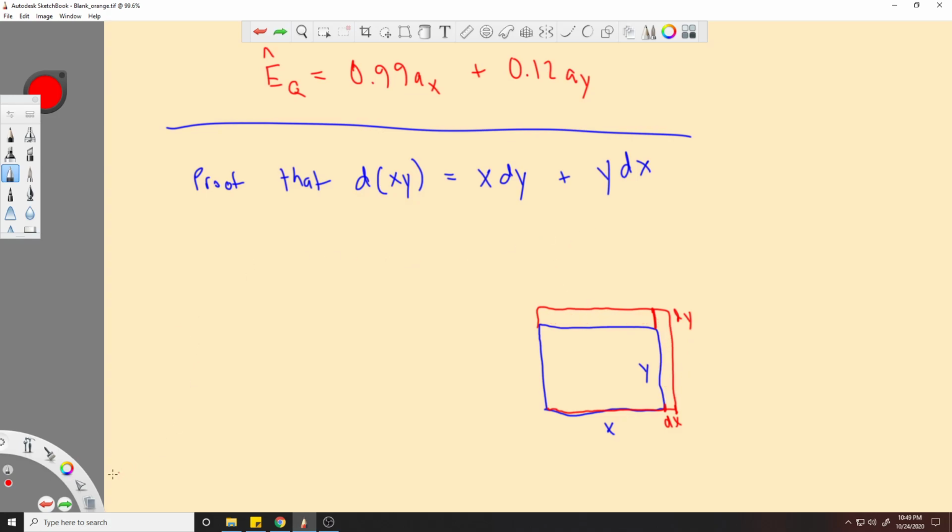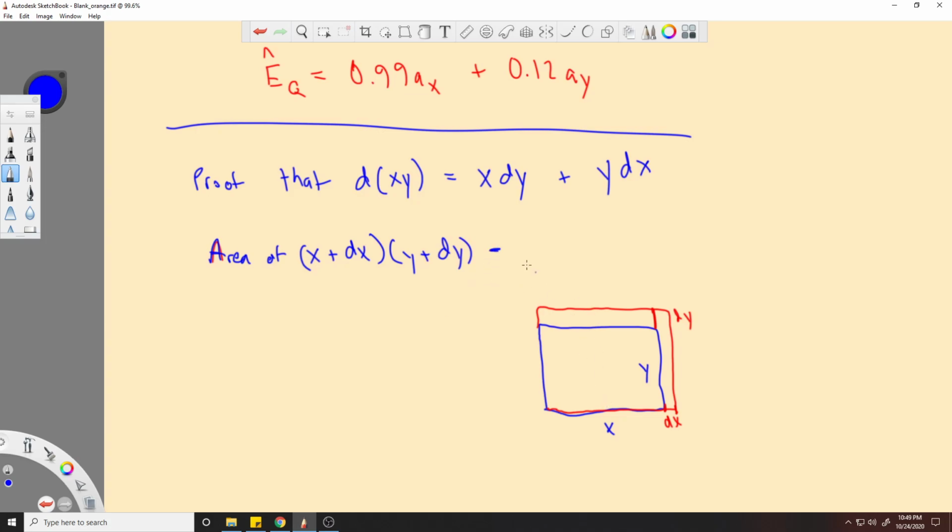So you can do that. This is essentially what's happening with d(xy). So you can do that by taking the area of x, y, wait, x plus dx times y plus dy.